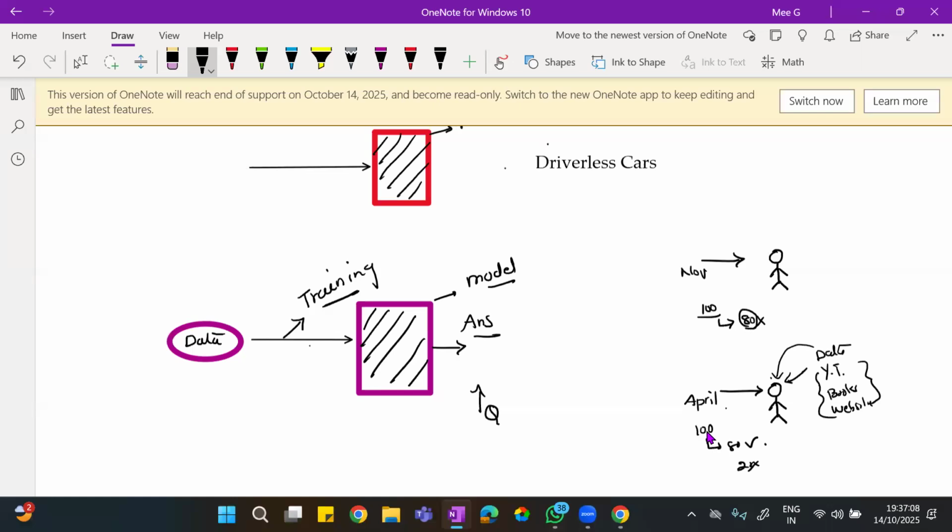Now, one thing you have to take care of is that this data should be in pure form. You can't go ahead and give corrupted or inaccurate data. Then definitely this will not work for us, because this will learn from the wrong data and it will give us the wrong answer. So this data should be in pure form. Now who will take care of that?